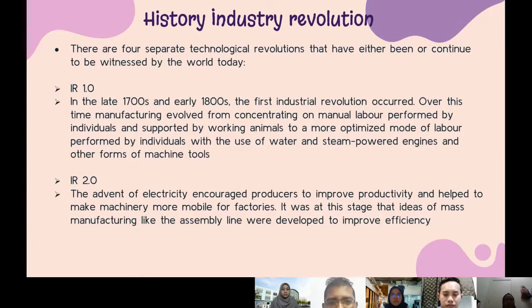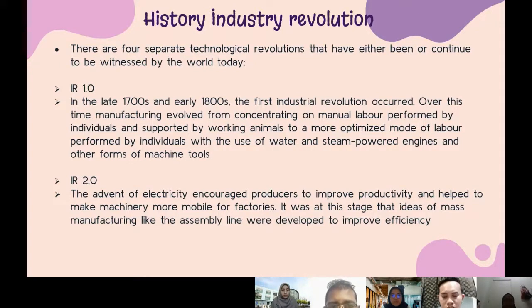The history of Industry Revolution is separated by 4 technological revolutions that have either been or continue to be witnessed by the world today. Industry Revolution 1.0 started in 1700 and early 1800, when manufacturing evolved from concentrating on manual labor performed by individuals and supported by working animals.